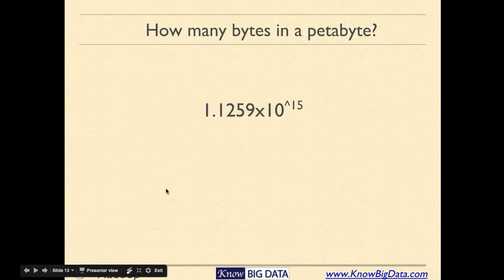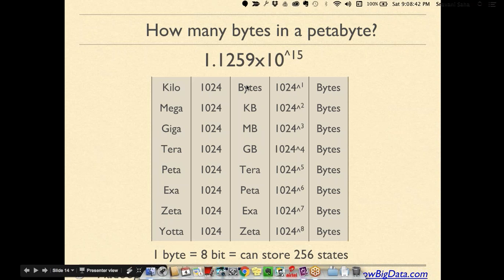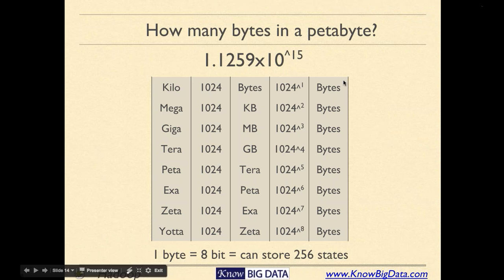A quick answer. Good. Some of you have answered correctly. So those who have answered 10 to the power 15 are also right. 2 to the power 50 is also right. And 1024 to the power 5 is also right. Good. Very good. And I'm not sure how much a quadrillion bytes is. Okay. All right. So yeah, I think that's the correct answer.